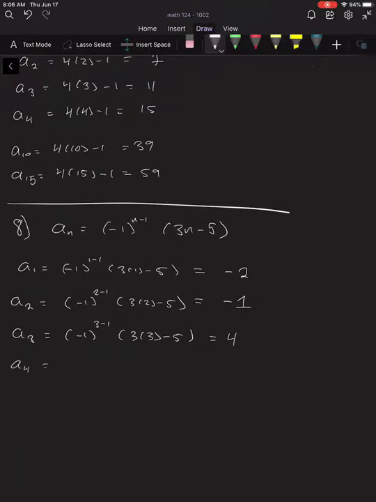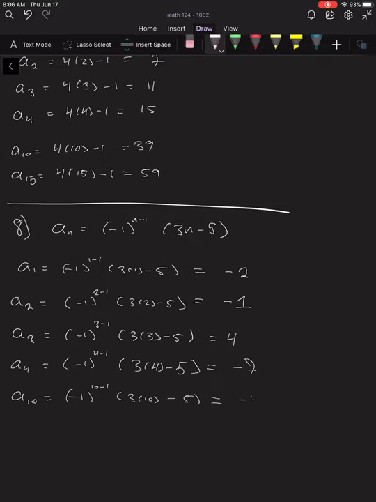Then a4. So minus 1 to the 3 is negative 1. And then we have 12 minus 5, which is 7. So negative 1 times 7 is minus 7. And a10. Minus 1 to the 9 is negative 1. Then we have 30 minus 5, which is 25.